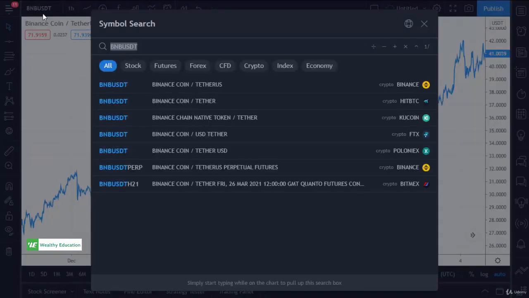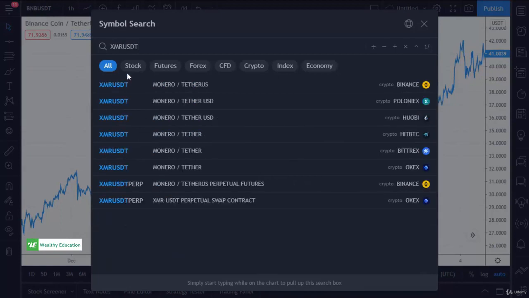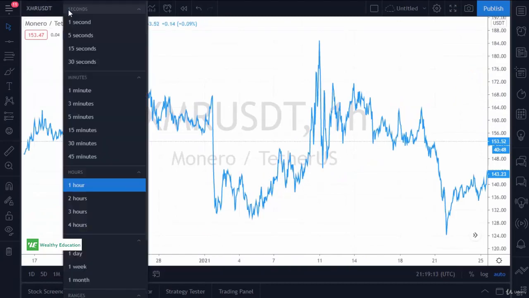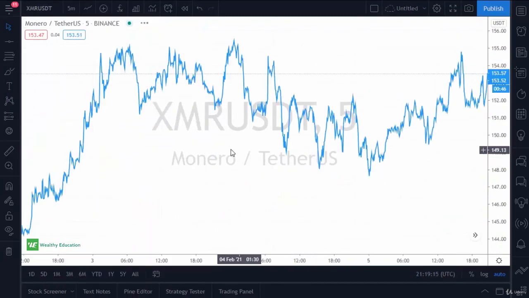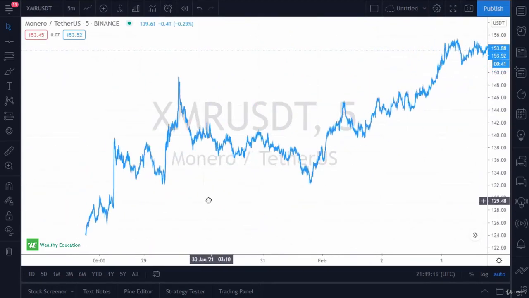And this works in pretty much any market, pretty much any time frame. So like I've got Monero here, and let's go down to the 5-minute chart. Again, these don't mean as much on the 5-minute chart.